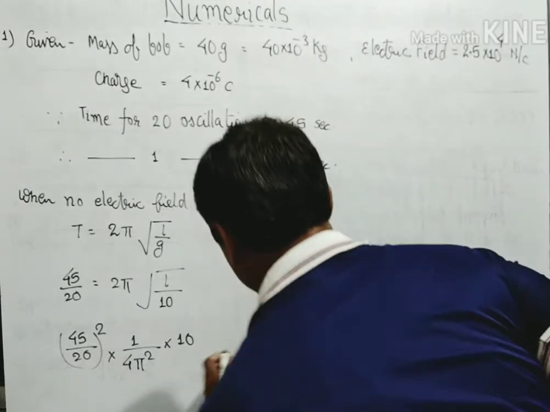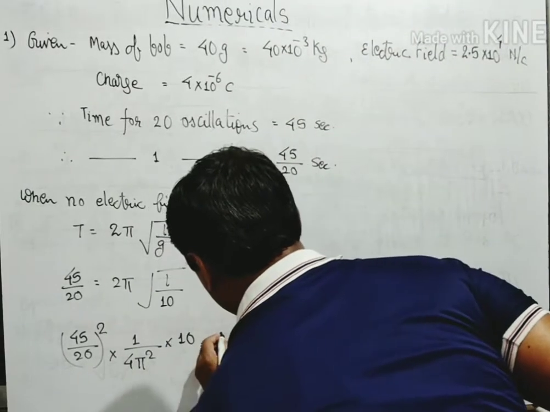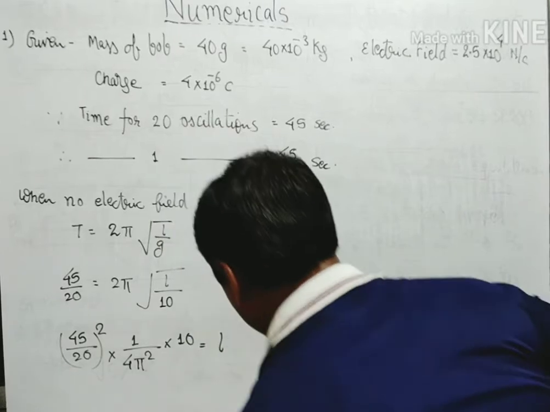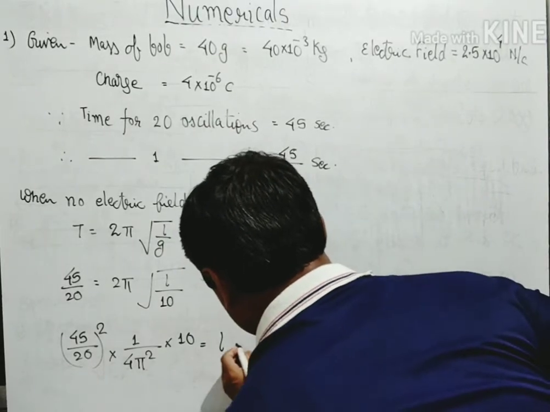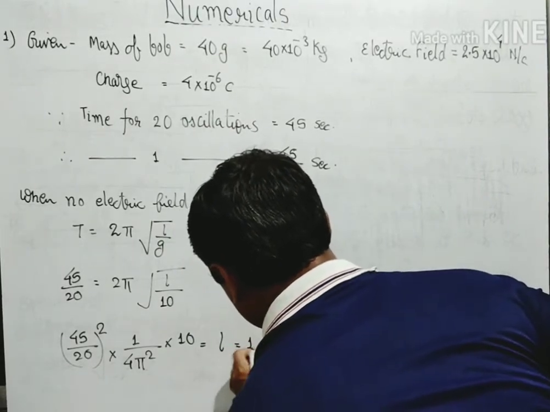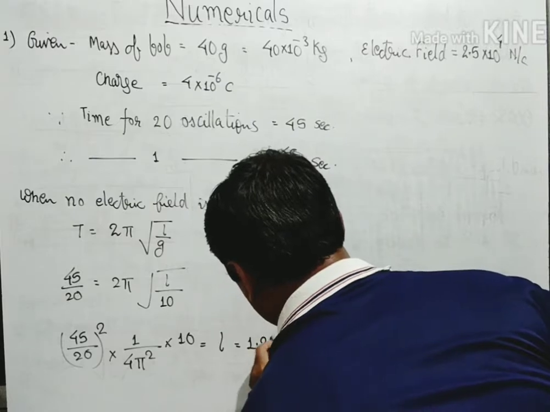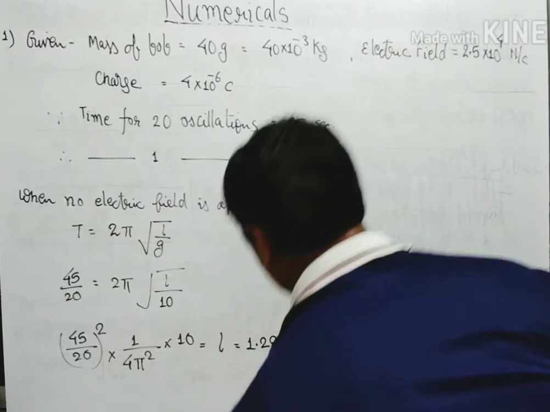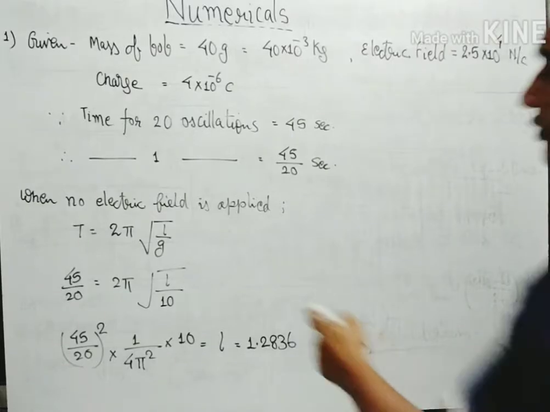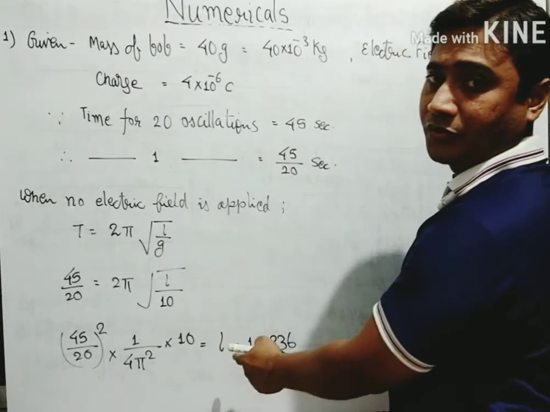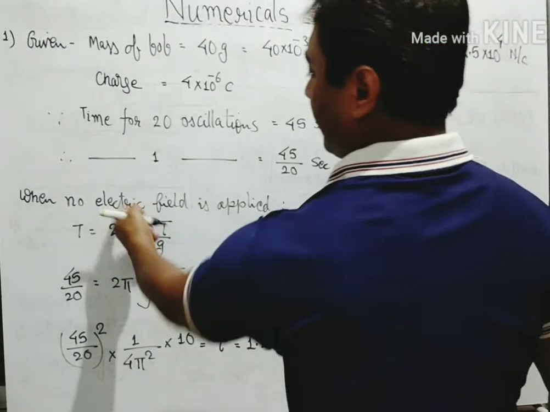This way the value of L comes out to be around 1.2836. So this is the length of the pendulum when no electric field is applied.